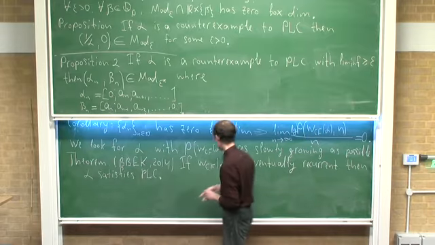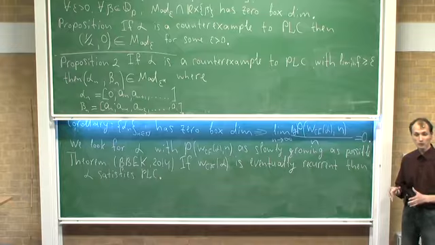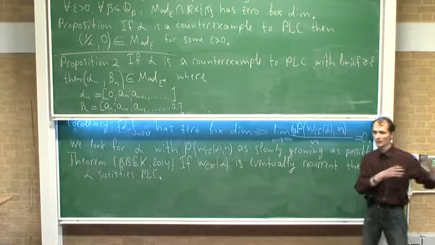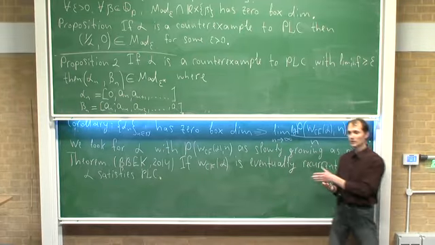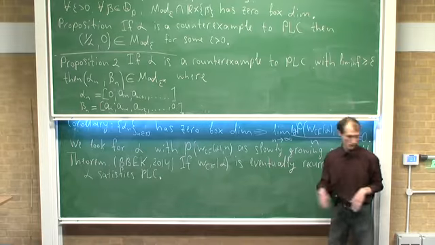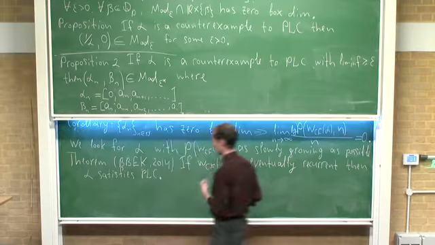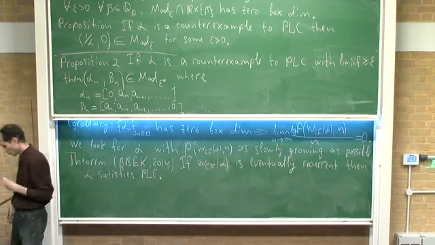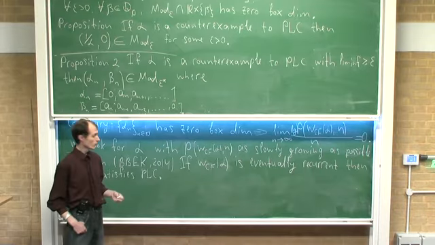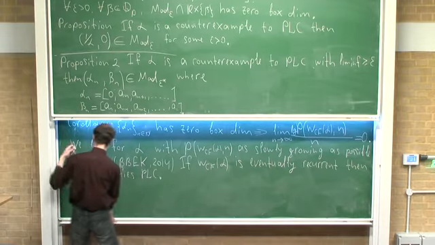By eventually recurrent, I mean that maybe the word itself is not recurrent, but if you cut the beginning of it, some finitely many first terms, then it becomes recurrent. So if it is eventually recurrent, then alpha satisfies PLC, and one can show that all Sturmian words are eventually recurrent. It shows much more than that, but at least you have a corollary.